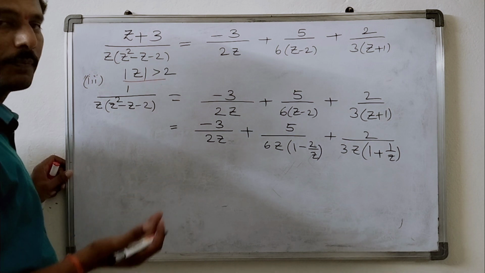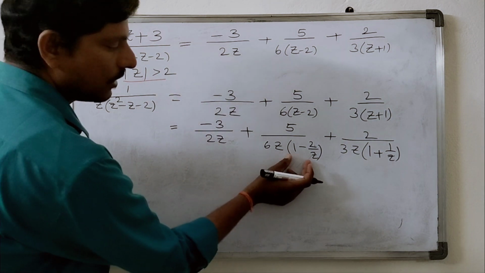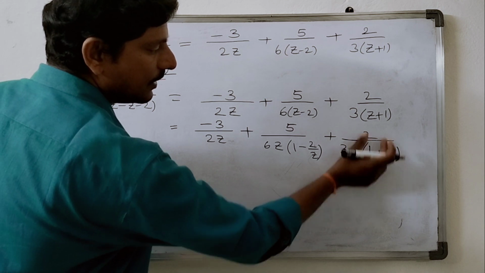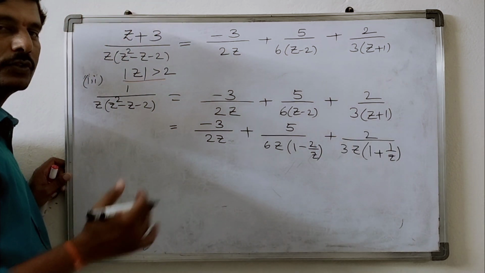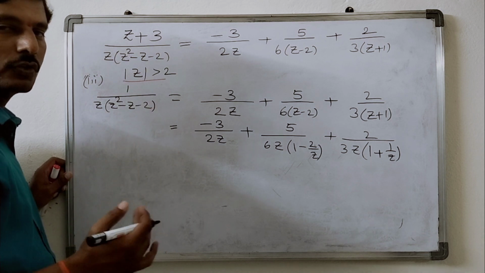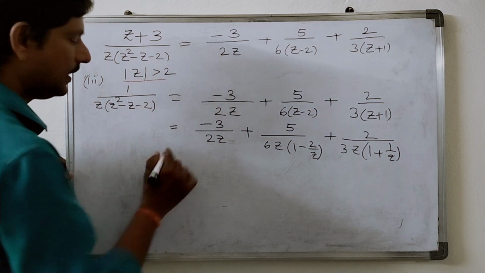Now the next step, all you know. You have to take this denominator to the numerator, and take this denominator to the numerator, and using the formula (1 plus x) whole to the power of minus 1 or (1 minus x) whole to the power of minus 1, we can expand the terms.